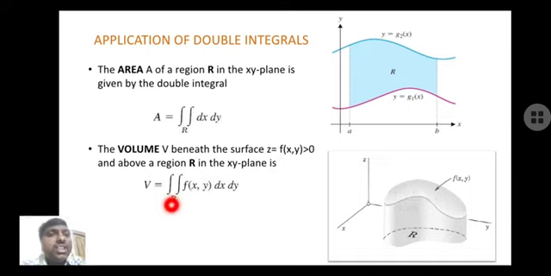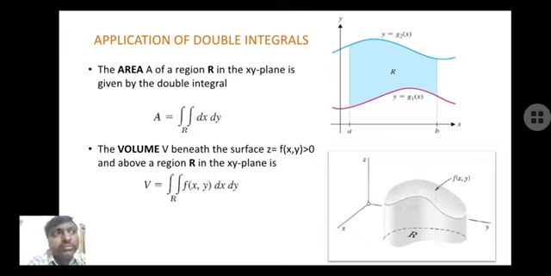So the double integration over the region R of f of x comma y dx dy always represents the volume under the surface and above the region R in three-dimensional space. We have so many applications. Later on we will discuss them one after another in the next lecture.